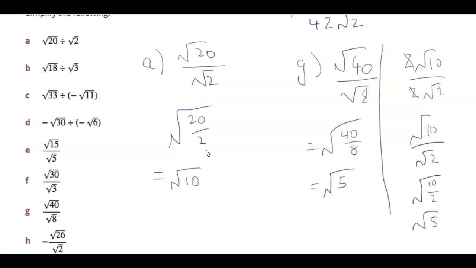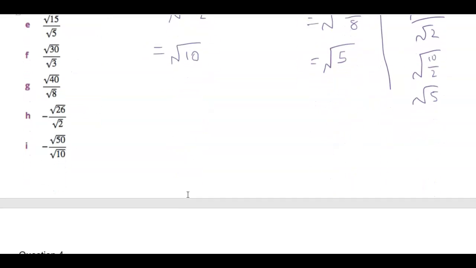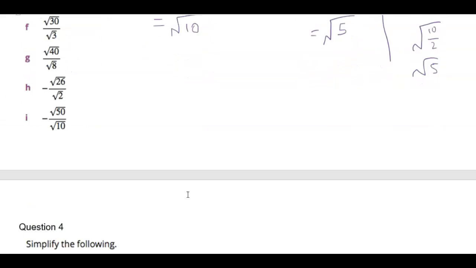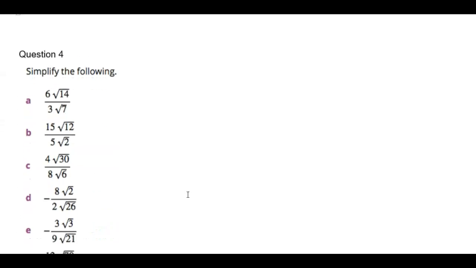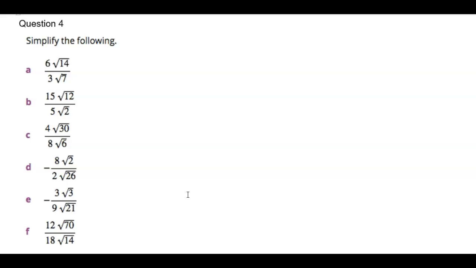Okay, so I did that quite quickly, but this part probably would have taken you a bit longer than what it did for me. But I just wanted to show you that simplifying the surds first isn't always the quickest way. Simplifying them at the end is better. All right, so let's just scroll and I don't think there's any problems with any others there. That's pretty straightforward. So let's do some questions from number 4.